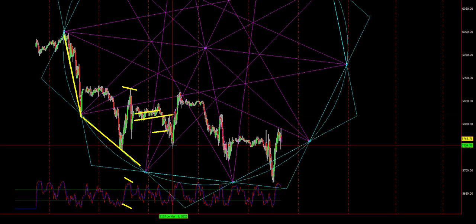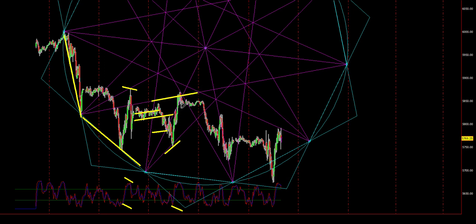Broke down again to this structure. Look at the oscillator. Look at the intersection of these 45 and these structure from this point.